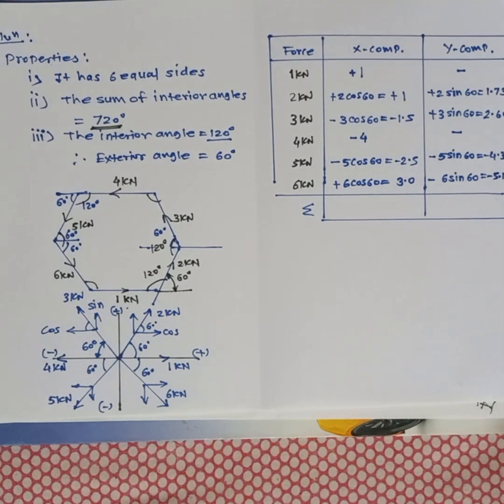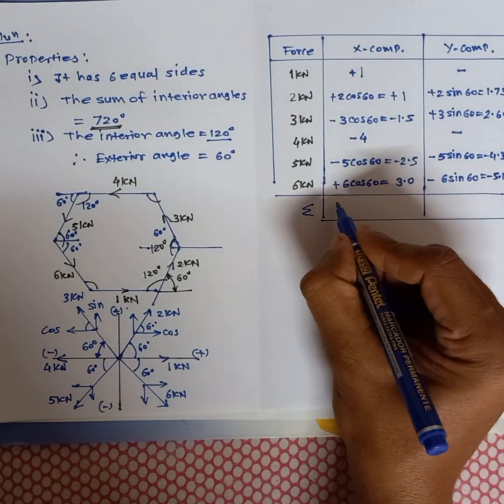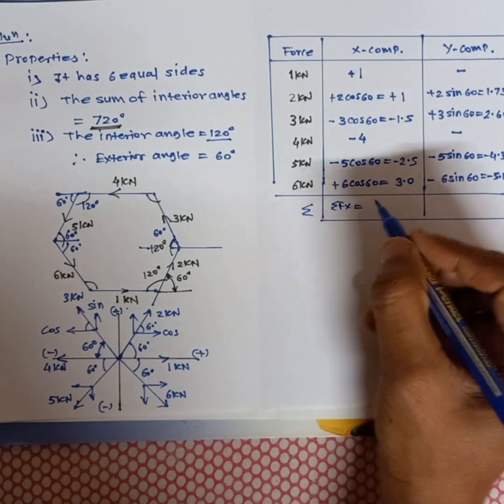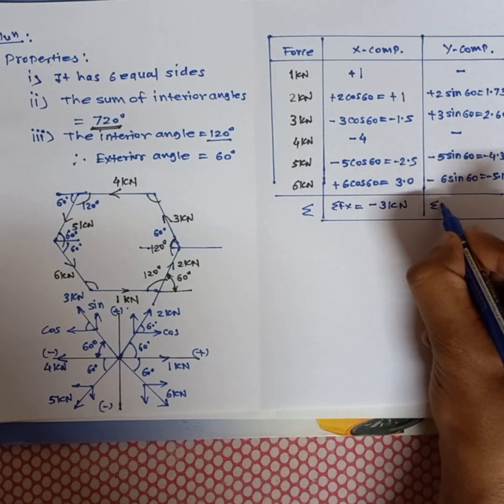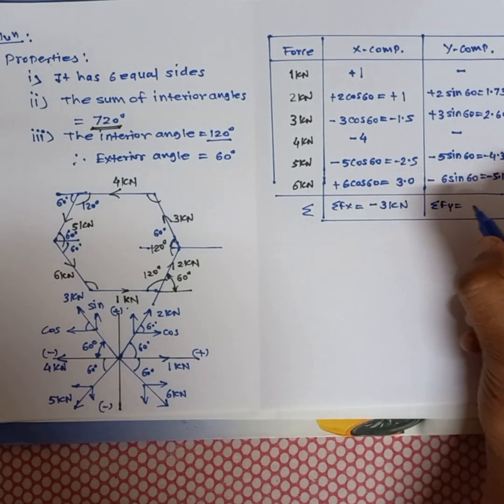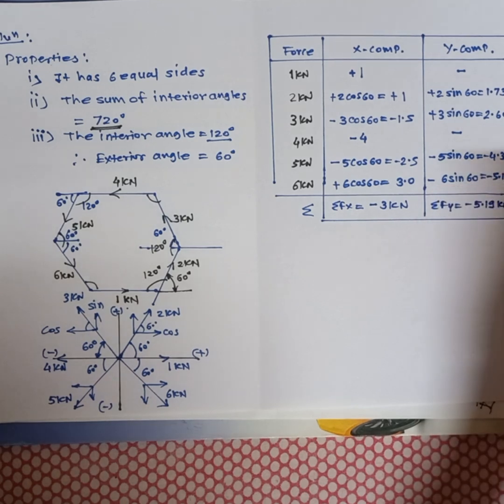You can solve on calculator, right? And this is how we get summation of Fx equals minus 3 kilonewton and summation of Fy equals minus 5.19 kilonewton.